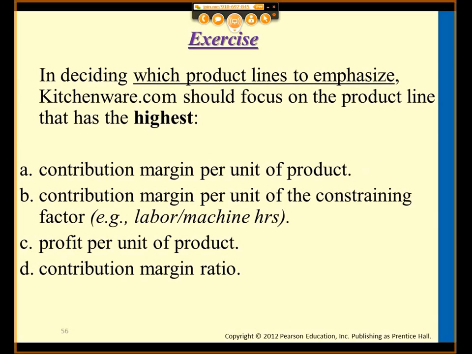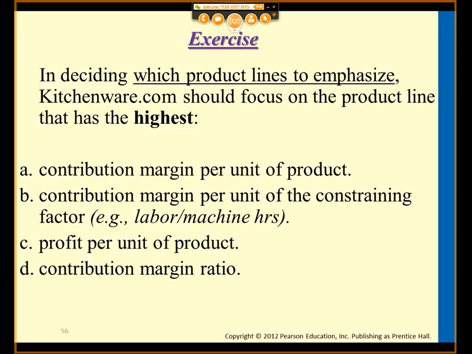Okay. In deciding which product, you really want to listen to this. In deciding which product lines to emphasize, kitchenware.com should focus on the product line that has the highest contribution margin per unit of the product, contribution margin per unit of the constraining factor, or profit per unit of product, or contribution margin ratio.